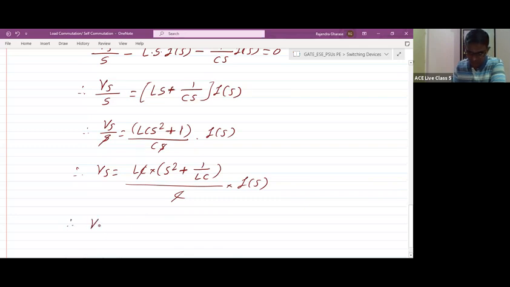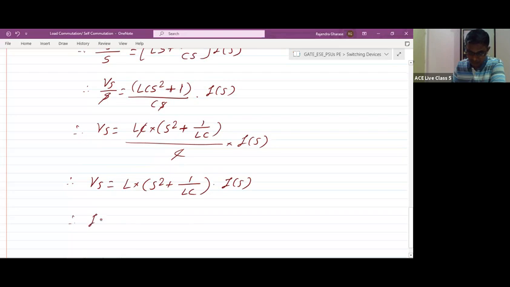Therefore VS is equal to L into S square plus 1 by LC into I of S. So I of S is equal to VS upon L into 1 upon S square plus 1 by LC. Yes or no?